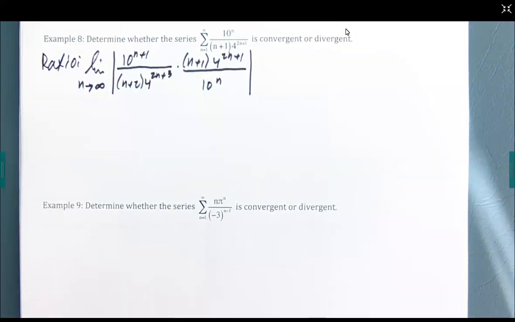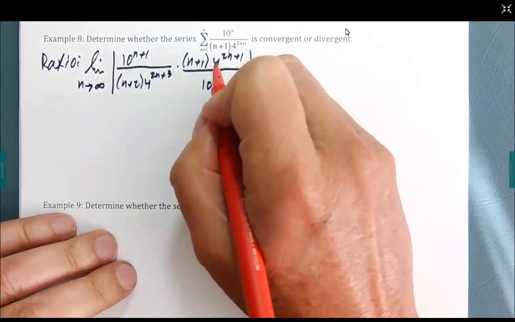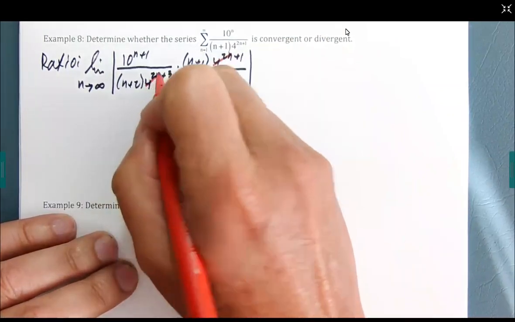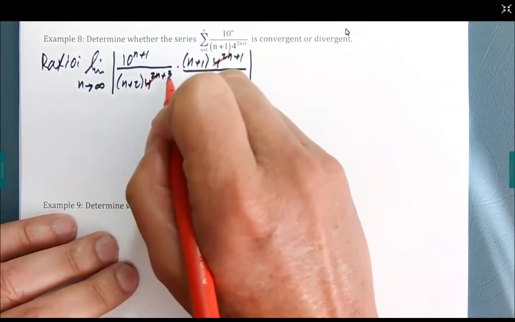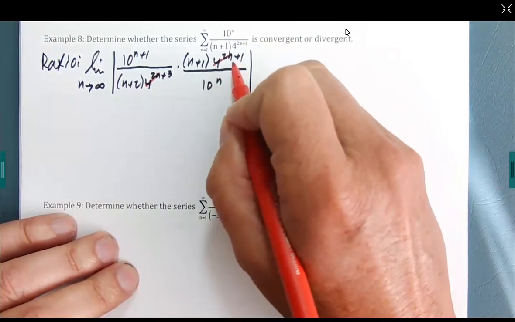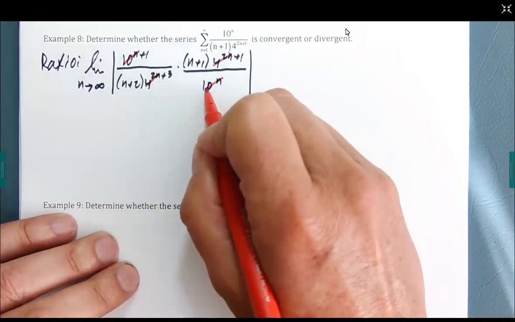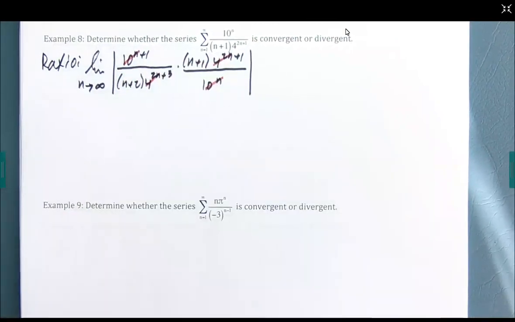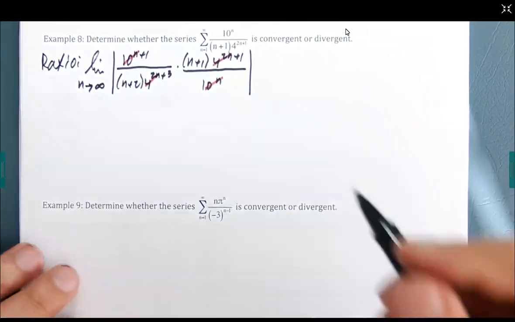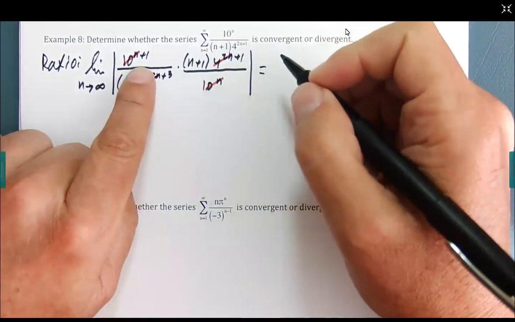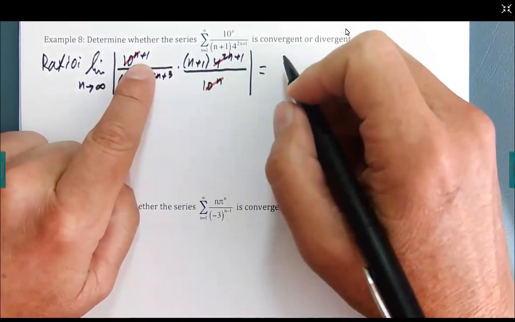And when I break it up like we did before, do you see I'm going to get a 4 to the 2n that's going to reduce out, and I'm going to get a 4 to the third and a 4 to the first power here. Also the 10 to the n goes away, and I'm left with a 10. So let's sort all of that out. Up top, I'm going to have a 10 and a 4.